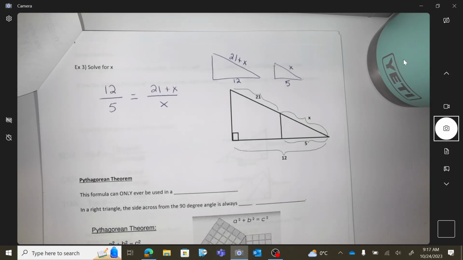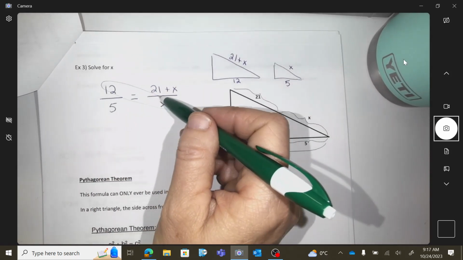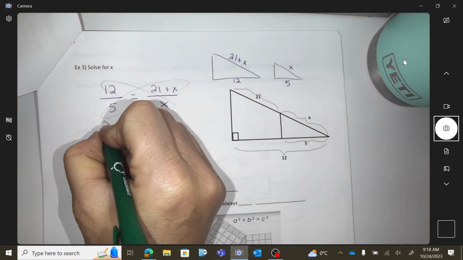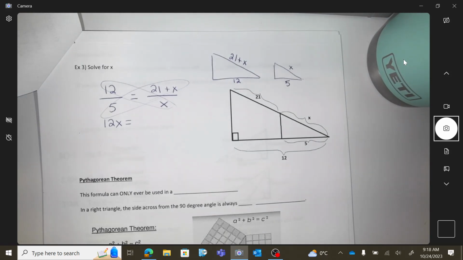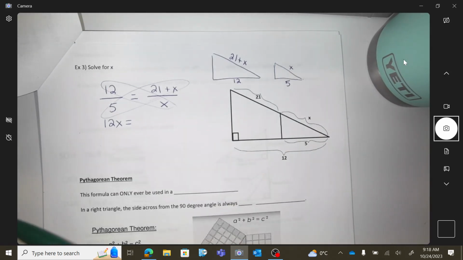Okay, so we are going to, again, use cross multiplication, but this time it's a little different because we have variables in both parts. So we're going to go this diagonal equals this diagonal. So this diagonal is going to be 12x. That diagonal equals this diagonal.